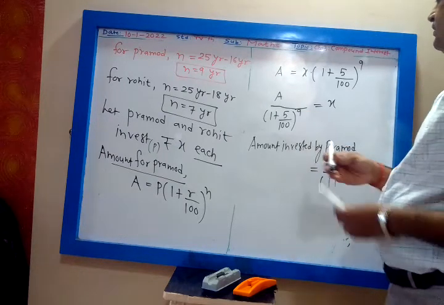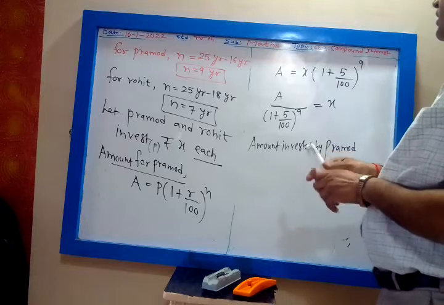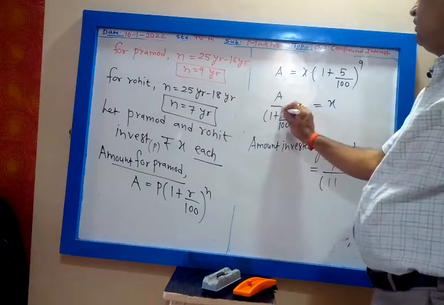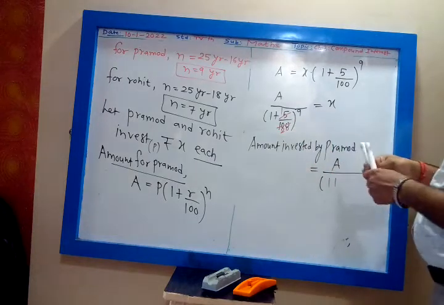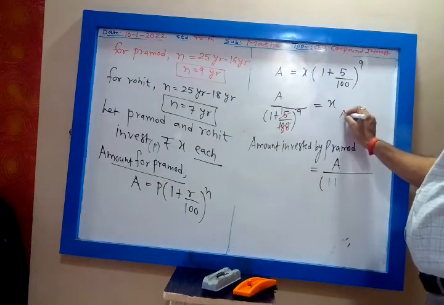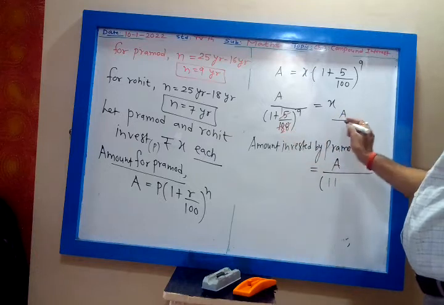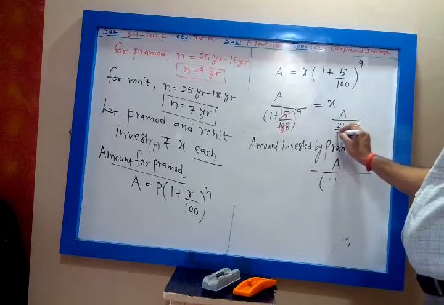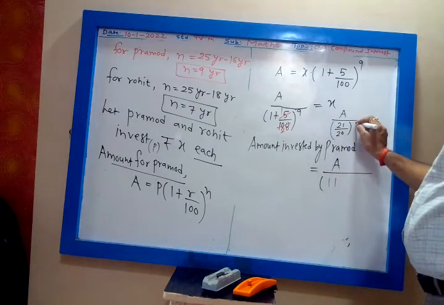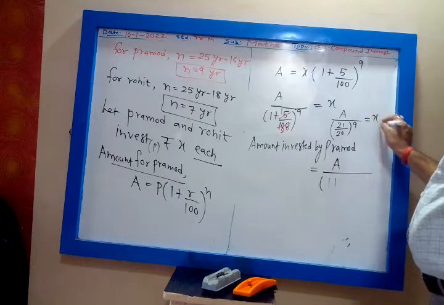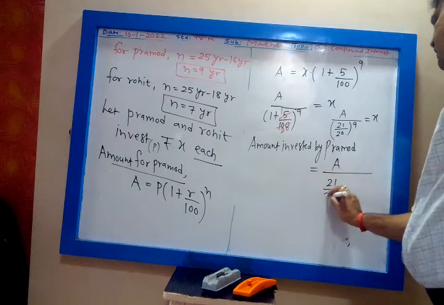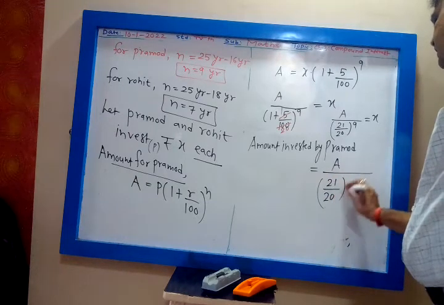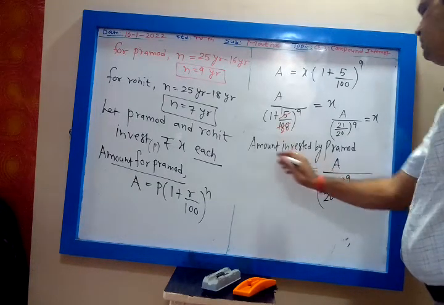You can simplify 5 upon 100 as 1 upon 20, so A upon (21 upon 20) raised to 9 is equal to X. So this is the amount invested by Pramod.